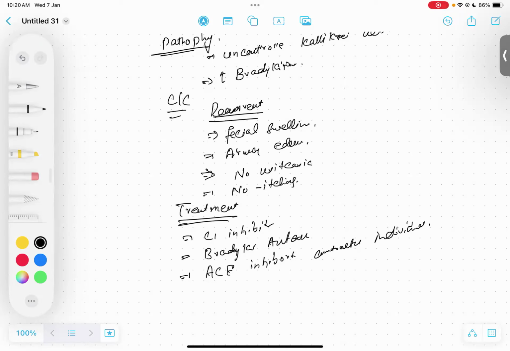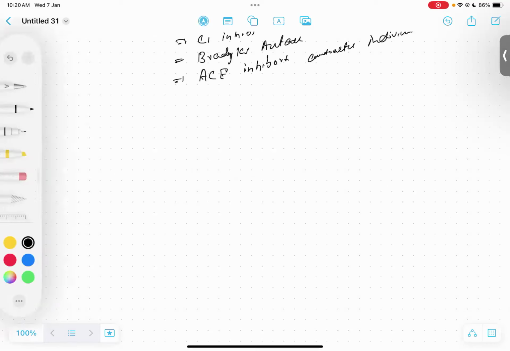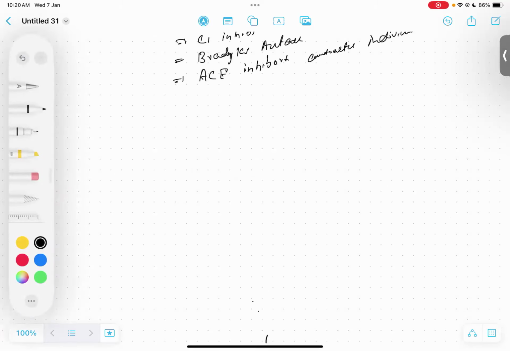So these patients should not use ACE inhibitors. So this is C1 esterase inhibitor deficiency.